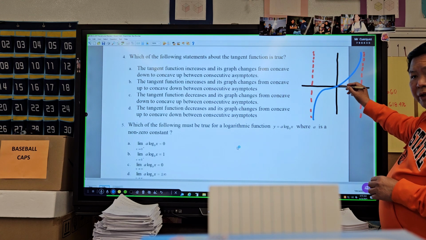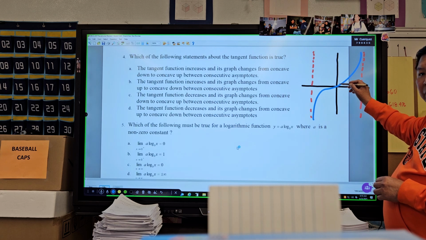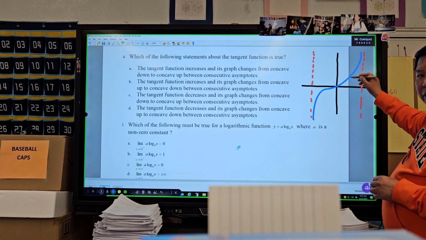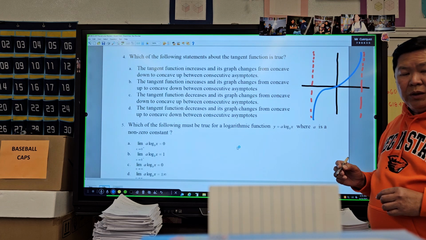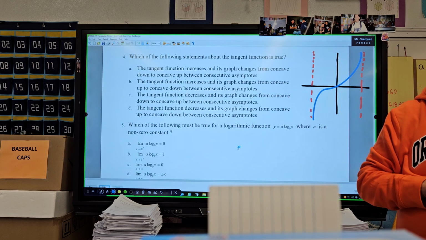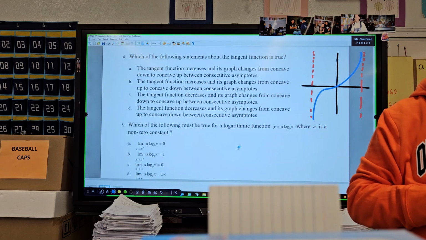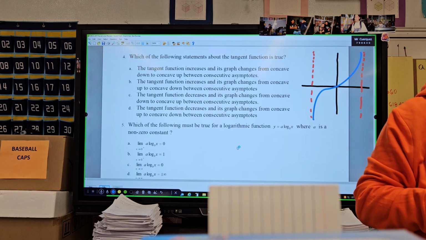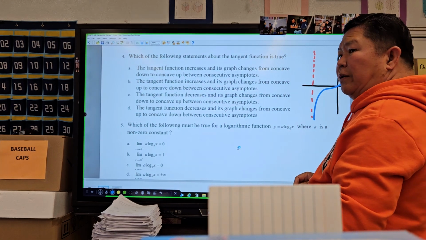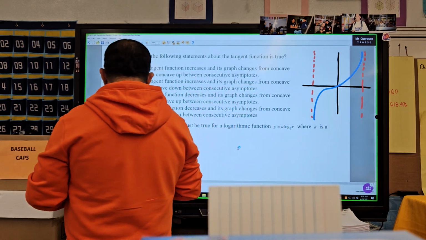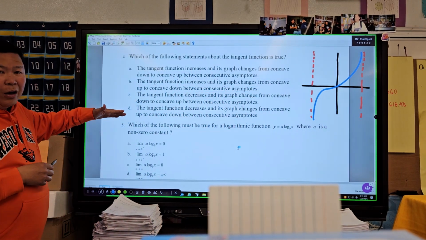And right here is the point of inflection. After the point of inflection, what is the concavity? Up. But what kind of function is the tangent function? Is it increasing or decreasing? Increasing, right?